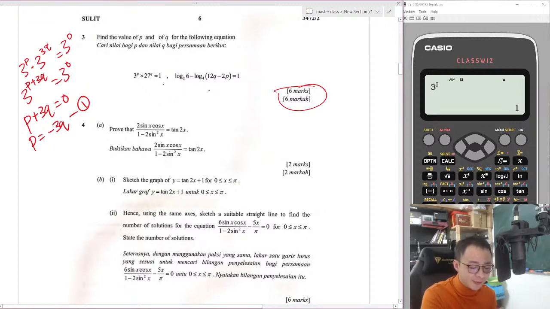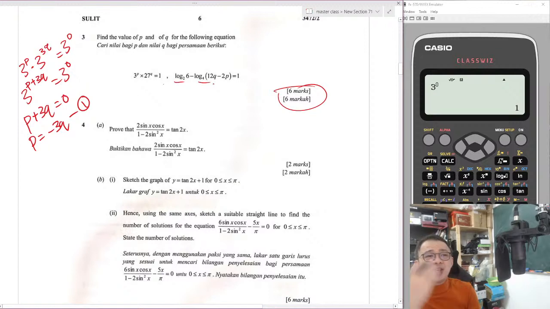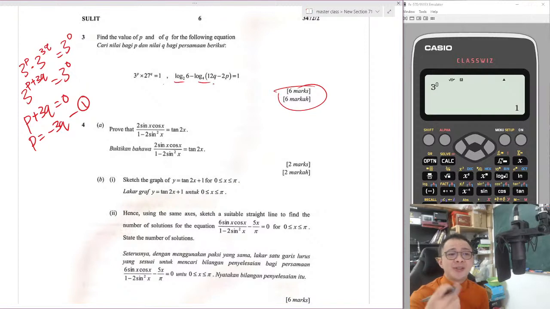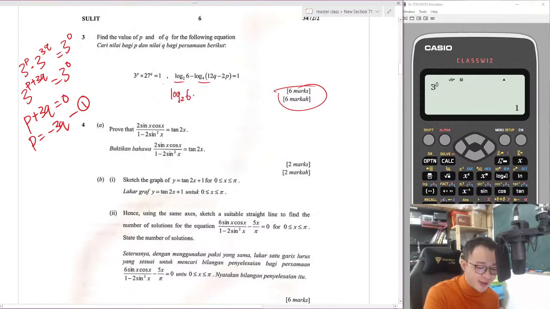So right now I have base 4 and base 2, so watch carefully. First step is I want to change the whole log to have the same base number. When choosing between 4 and 2, I always change the bigger one, which is 4. So log base 2 of 6, I will remain here. This one I want to change base. Just in case some students do not know how to change base, this is the formula.